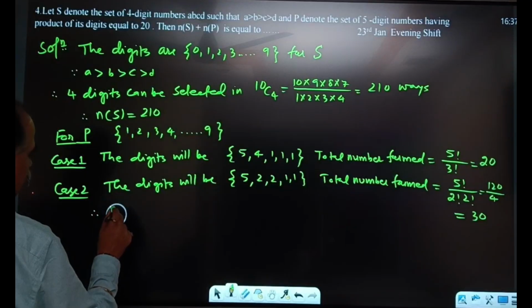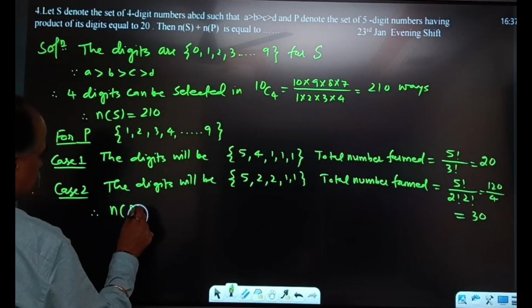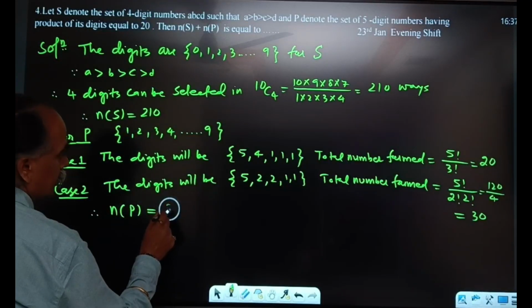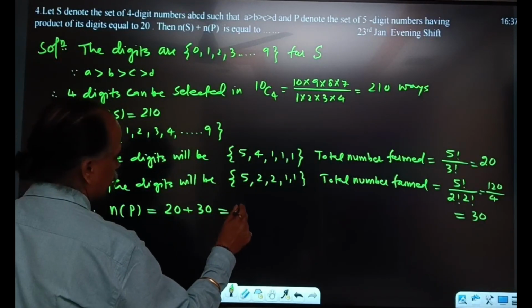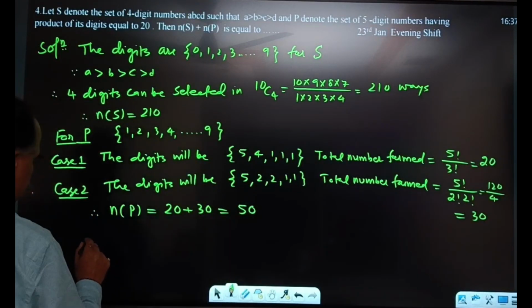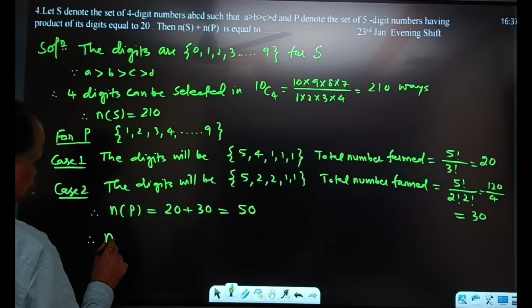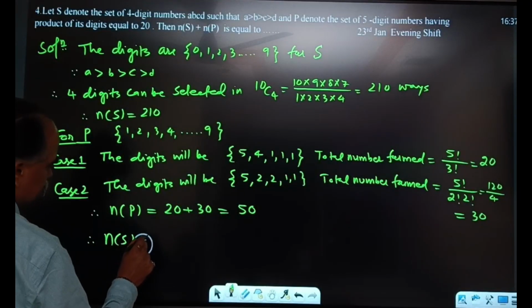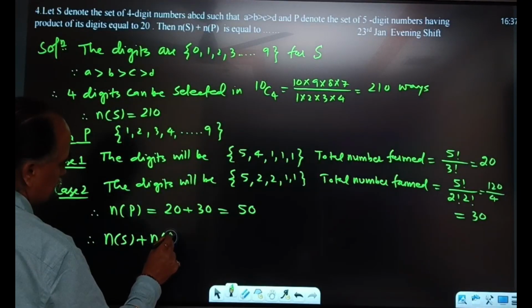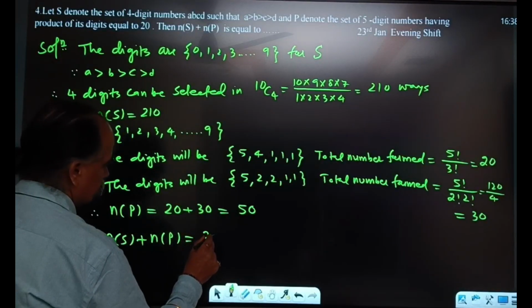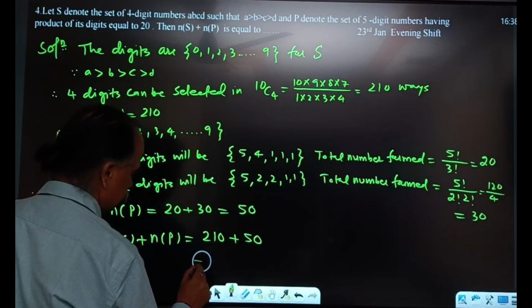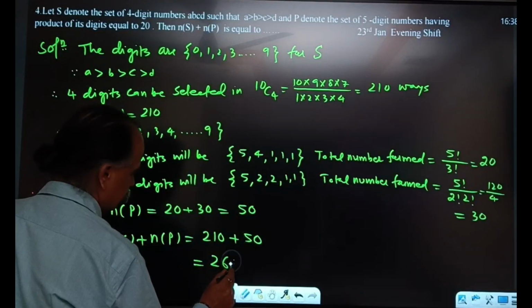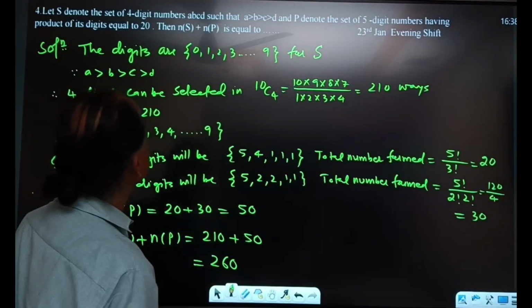So NP will be 20 plus 30, which is 50. So NS plus NP will be 260.